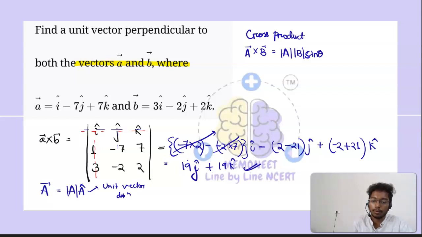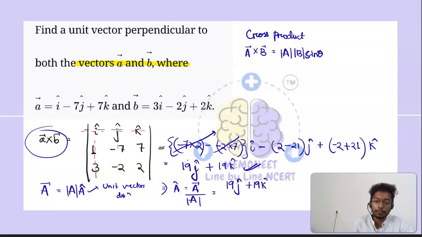So a cap is equal to the vector upon its magnitude. Putting in the vector we found, that is 19 j cap plus 19 k cap upon the square root of 19 square plus 19 square.